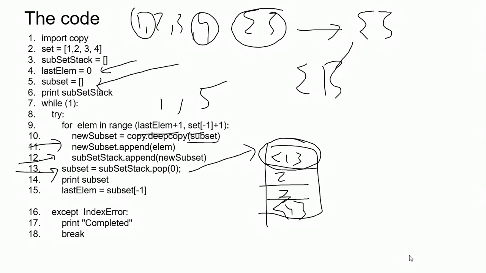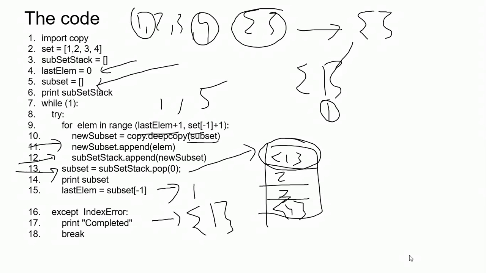What is the last element here? The last element is subset of -1, which takes the value of 1. So at the end of the first iteration, the last element would have a value of 1.